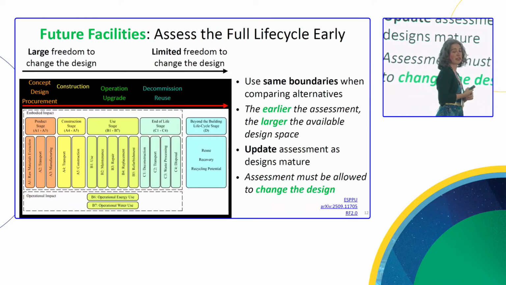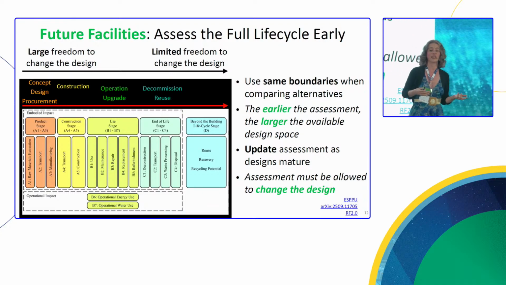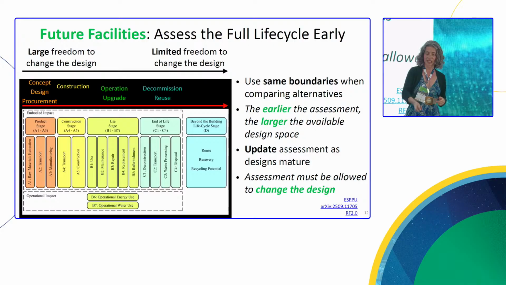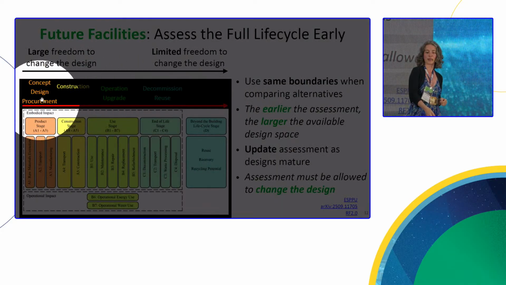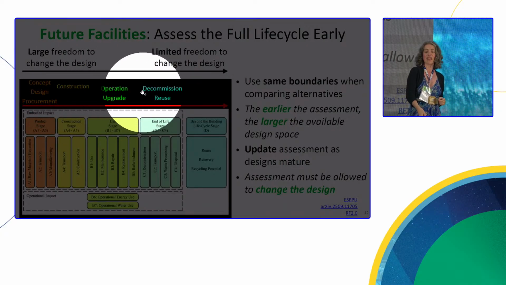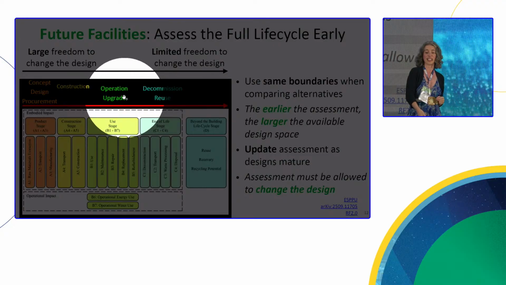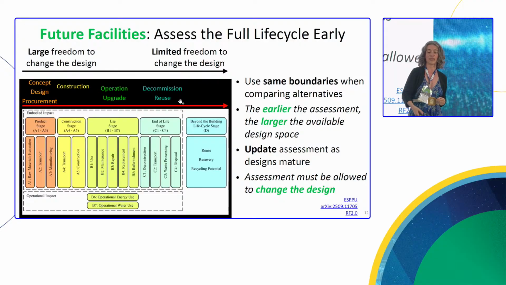So on the side of future facilities, the name of the game here is to assess the full life cycle early. So if this is a sketch maybe of a life cycle, basically we go from concept, design, and procurement, and then to the construction stage, then operating our facility and even upgrading it, and then the last stage is decommissioning it and reusing it.